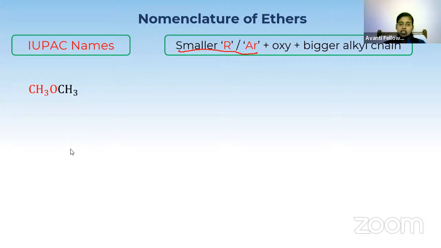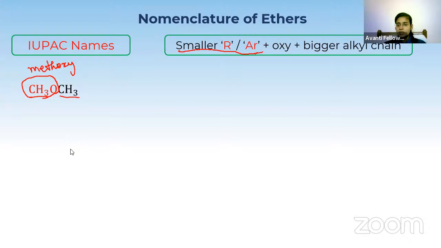So here we have CH3, CH3. Both the alkyl groups are same, so here you don't have to look into the smaller and bigger. You can take any one as the smaller part and the other one as the bigger part. So here I have taken CH3O first. CH3 is methyl, and if it is attached with oxygen, it is called methoxy.